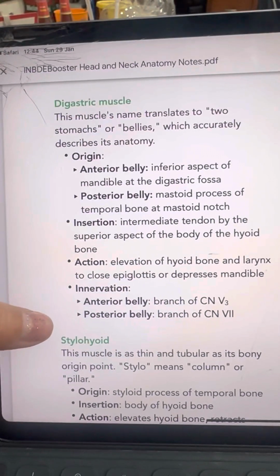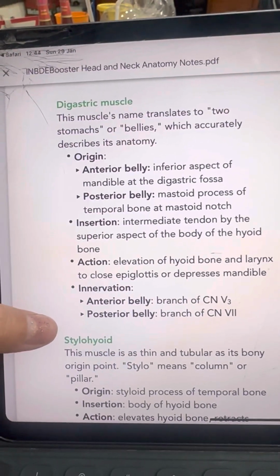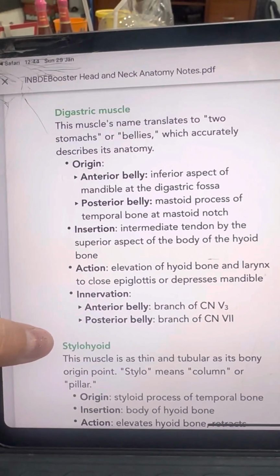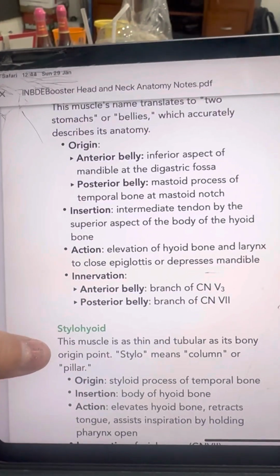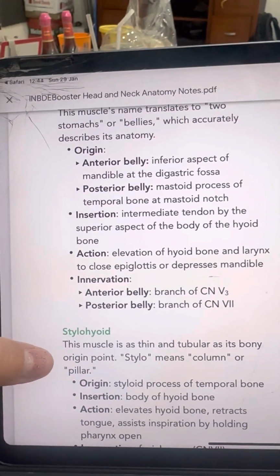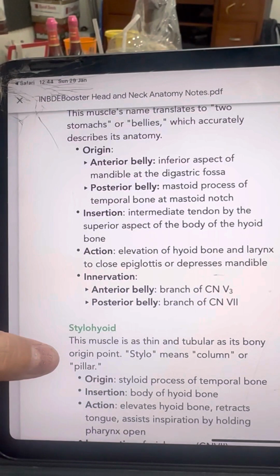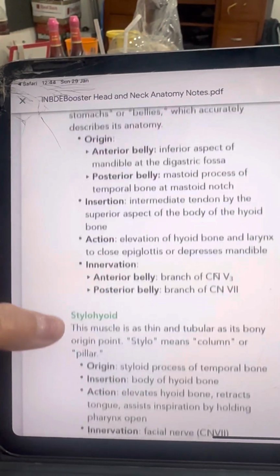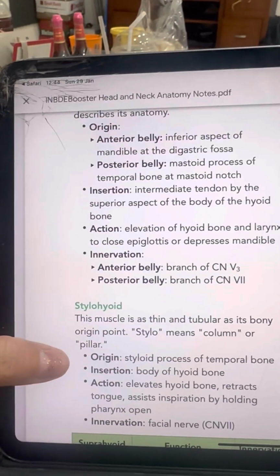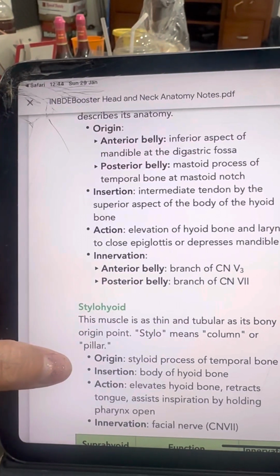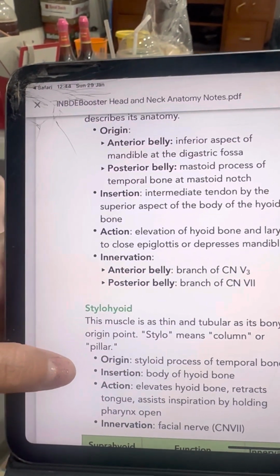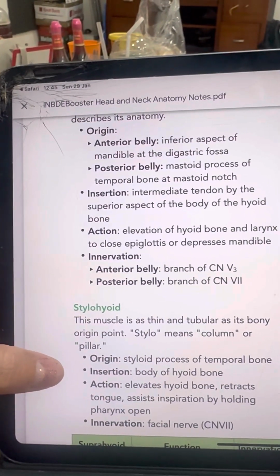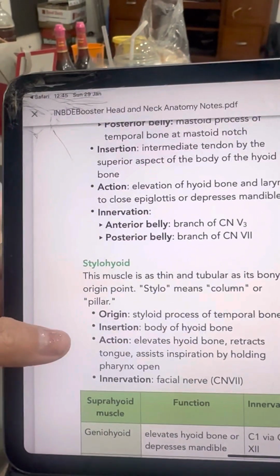Insertion: intermediate tendon by the superior aspect of the body of the hyoid bone. Action: elevation of hyoid bone and larynx to close the epiglottis, and depresses mandible. Innervation: anterior belly branch of CN V3, posterior belly branch of CN7.